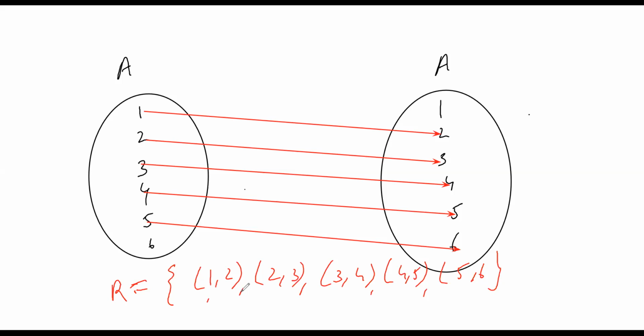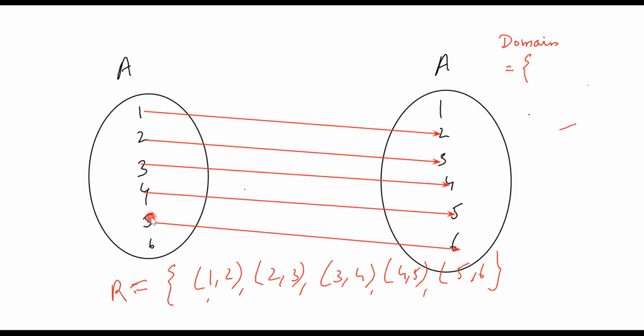Whatever the left arrows are there, that is called the domain. Domain is on the left hand side. So what are the domains here? 1, 2, 3, 4, 5.